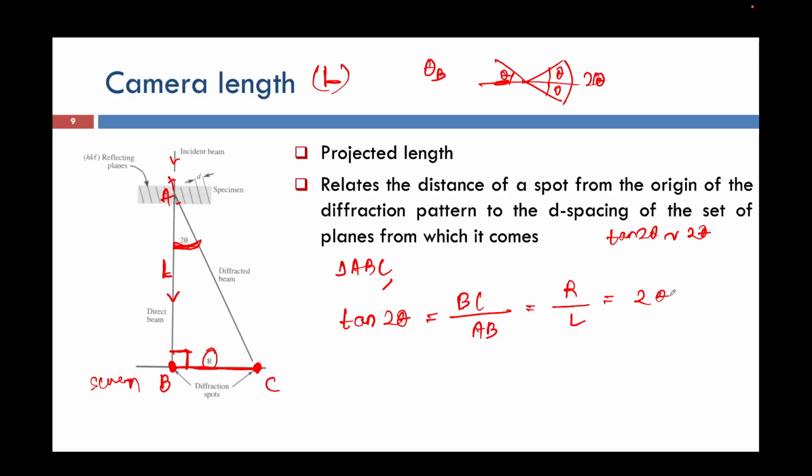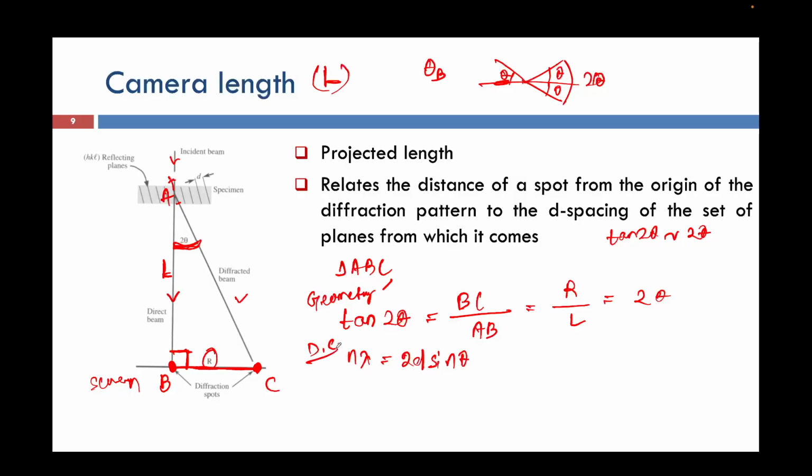Now I also know that for the diffraction phenomena, n lambda is equal to 2d sin theta. This is the diffraction condition. So this is from geometry, and this is from the diffraction condition.